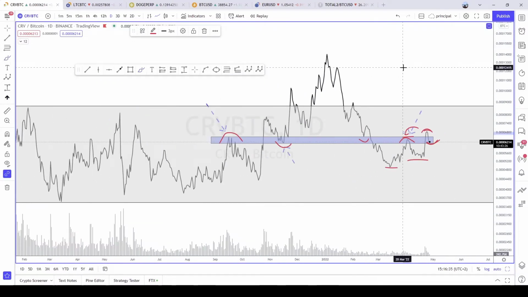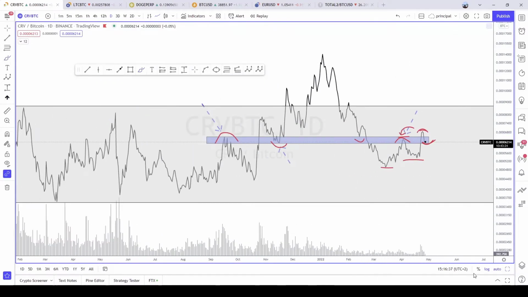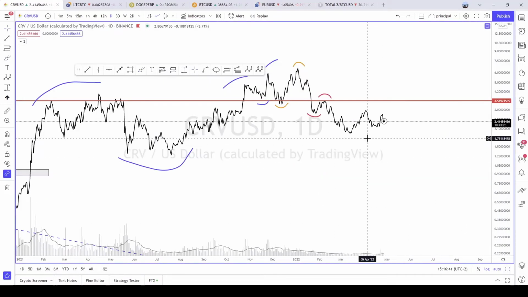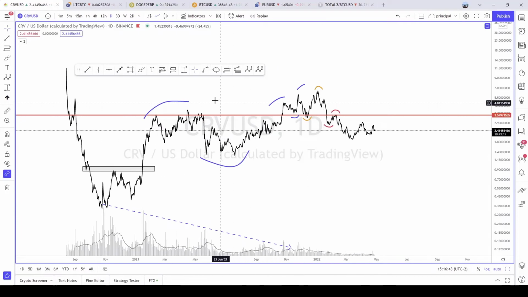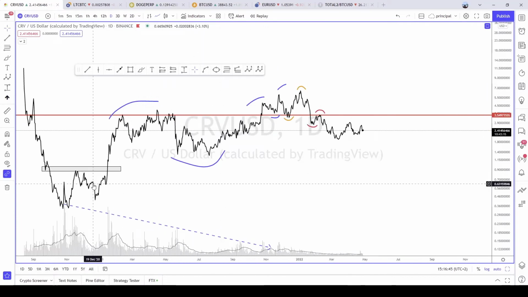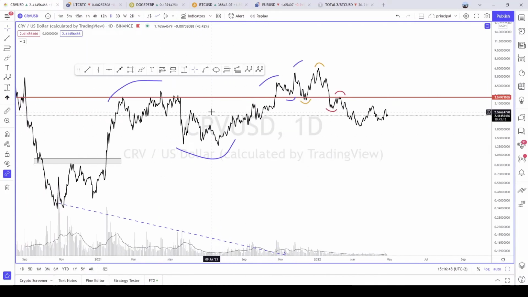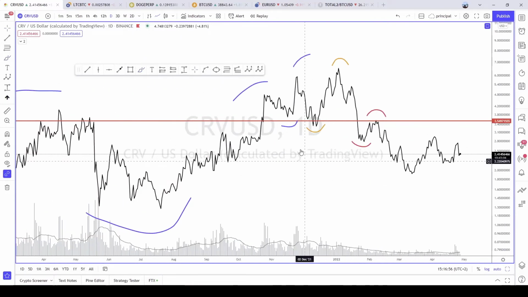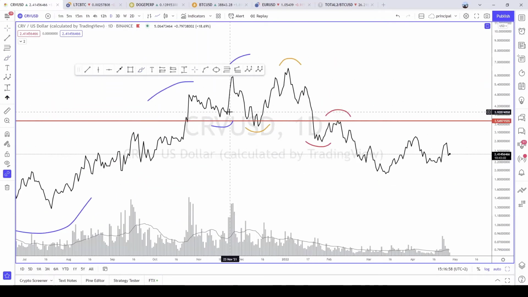Now let's switch to the USD chart. Here we had a nice uptrend for a few months, since last year. You can see in the blue, because we have first a higher high, higher low, and then here you have higher highs and higher lows.